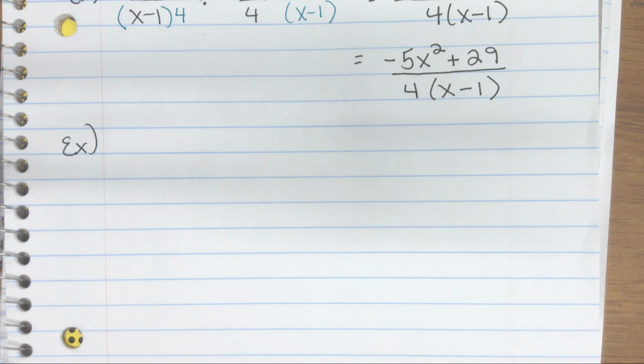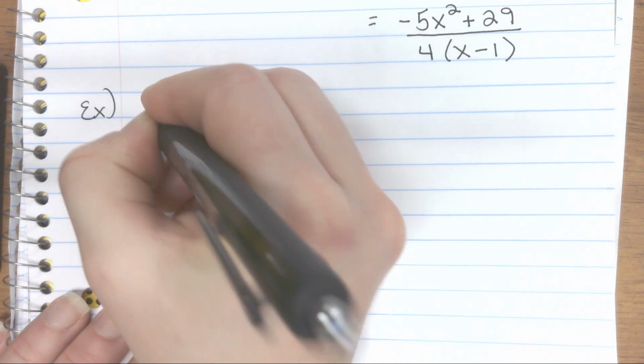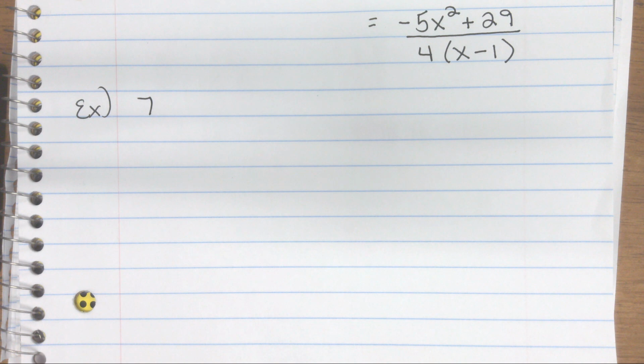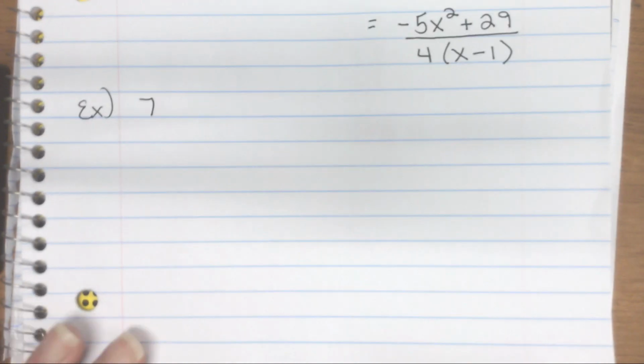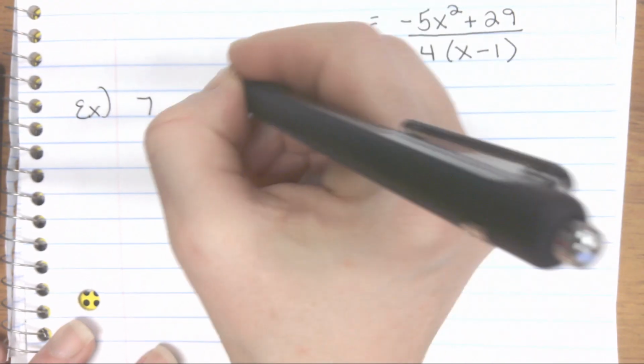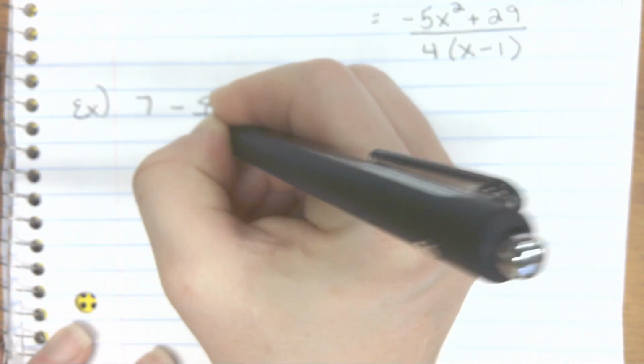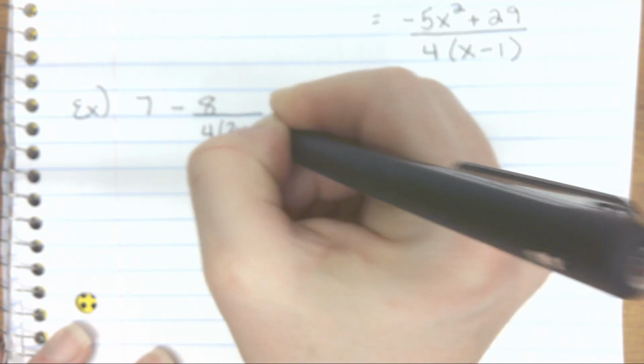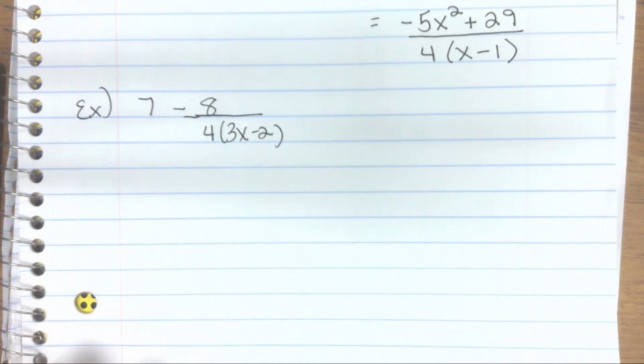Okay, I wanted to do at least one more. What if I had something where I had like a whole number? So let's say I had 7 minus 8 over 4 parentheses 3x minus 2. Okay.